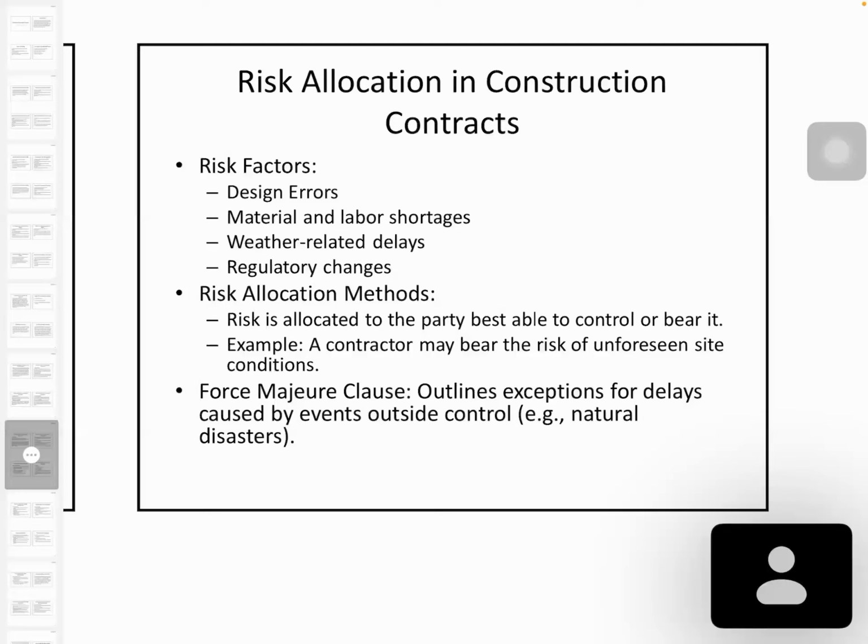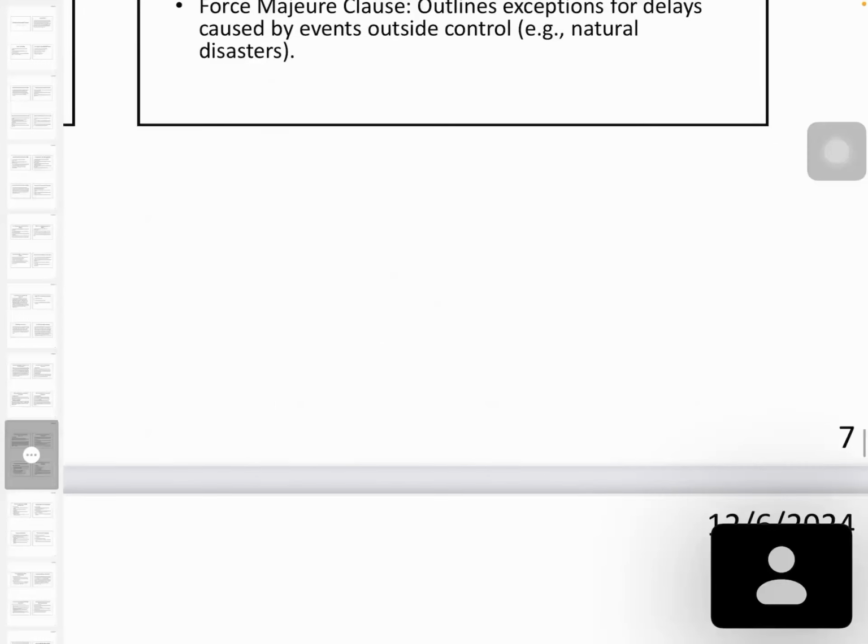And also force majeure clauses outline exceptions for delays caused by events outside the control, like natural disasters. In COVID, most of the contractors claimed through the force majeure clause. Tsunami is also like that.